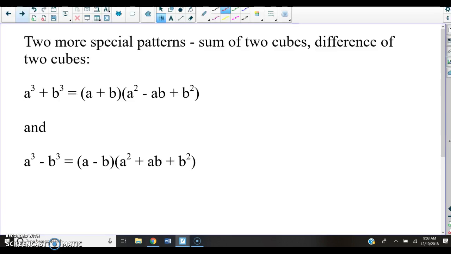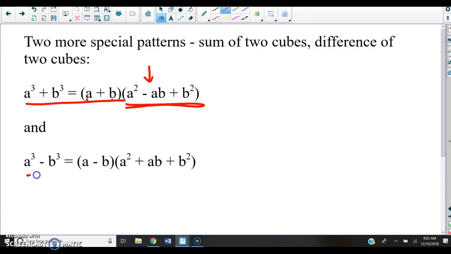We got two more special patterns we need to go over. The sum of two cubes and the difference of two cubes. If it's the sum of two cubes, it factors into the first term's cube root plus the second cube root. And then in the other parentheses, it looks a lot like the squaring, but notice there's no 2 there.